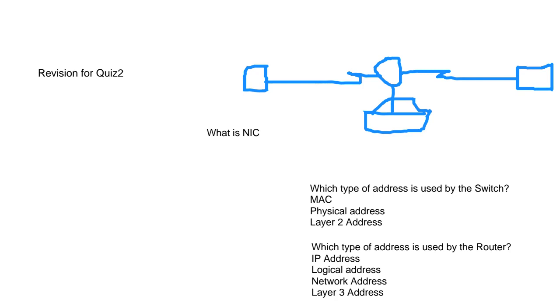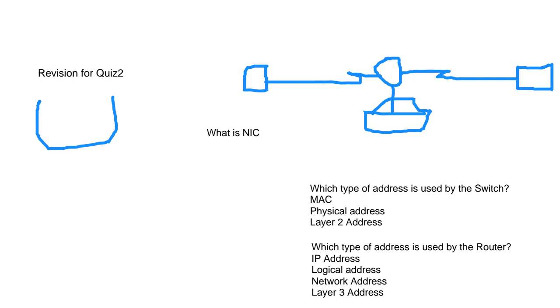In the transport layer, we had two important protocols. What are the two transport protocols? TCP and, come on guys, UDP? Oh my God. Which one is more reliable?